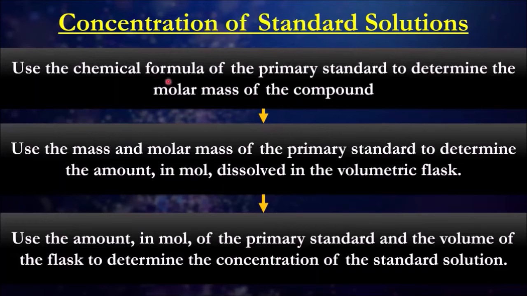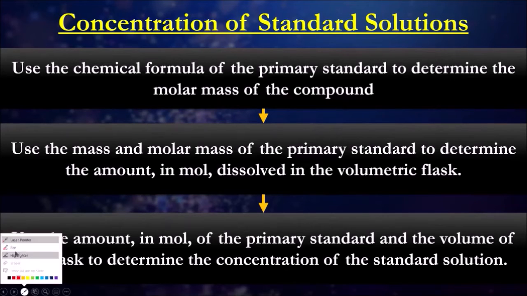Next bit is, these are just the standard steps. So if you do need to, I'd suggest you copy this down into your book. But it says, use the chemical formula of the primary standard to determine the molar mass of the compound. So like I said, if you go with this, I'll just change to my writing pen.